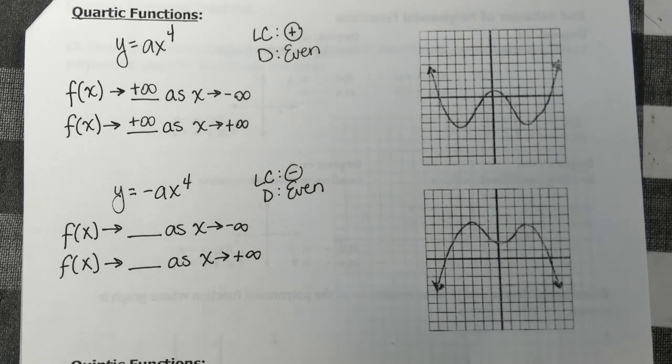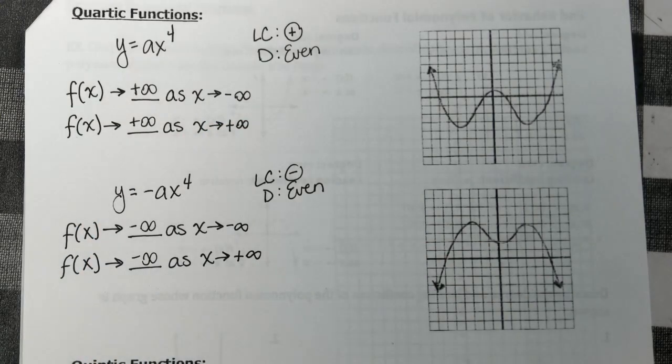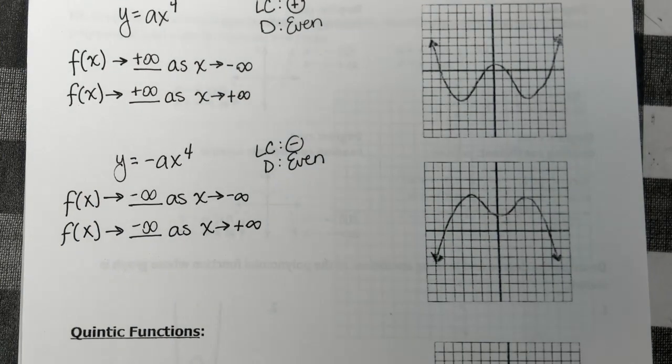So now what should I have in these blanks? Negative infinity. Do we understand that? Okay.